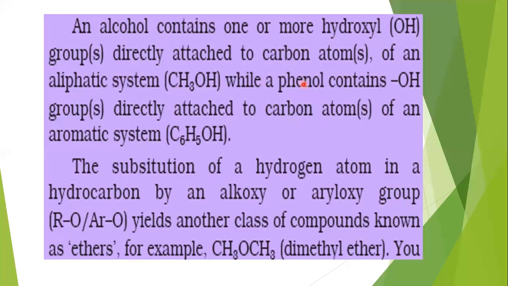And what is phenol? Phenol contains one or more hydroxyl groups directly attached to carbon atom or atoms of an aromatic system. So this example is C6H5OH. Means alcohols are derived from aliphatic hydrocarbons and phenols are derived from aromatic hydrocarbons.